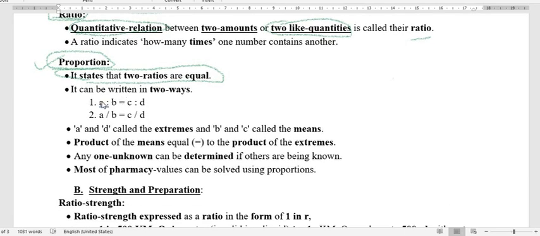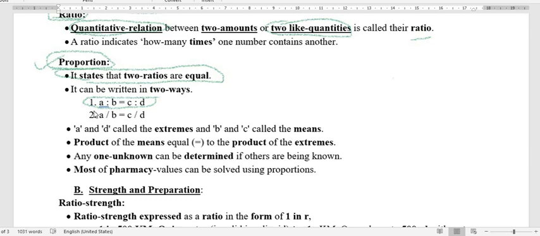So proportion can be represented in two ways. If the values are in ratio a by b or c by d, or you can assume anything. One way is a colon b equal to c colon d.